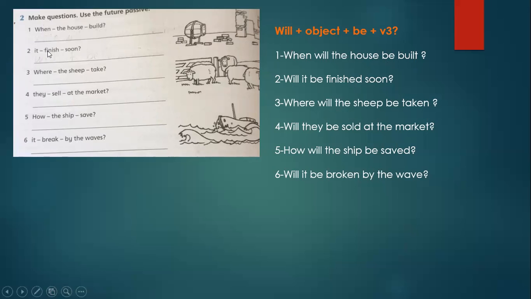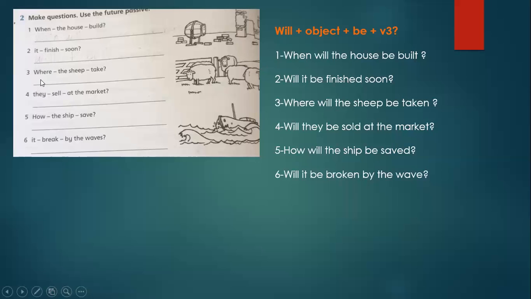The next one, it finish soon. Here, if I have a question word, I put the question word first. If I don't have a question word, will becomes the question word. Will it, the object. Will it be finished soon?